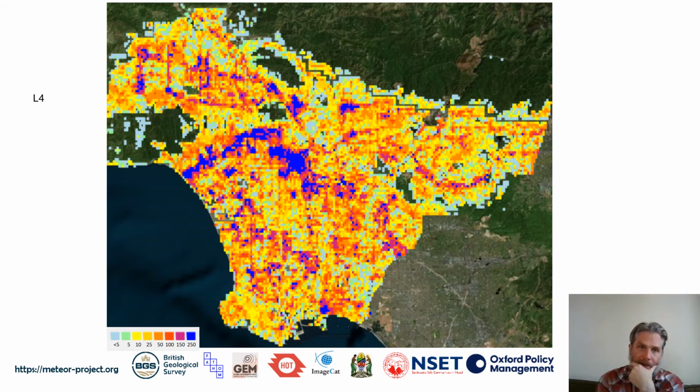It just does a better job at, in this case, capturing at the cell-based level where you've got green areas speckled throughout Los Angeles, and areas where there's higher density of building footprints.